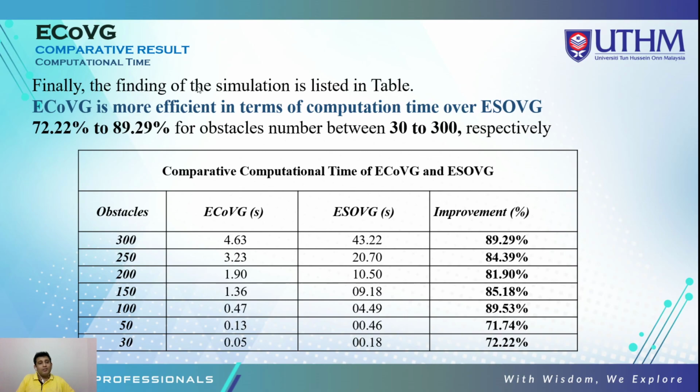That means if you see the comparative result for computational time, EQVG takes 4.63 while ESOBG takes 43.22, because of the shape size. So it is actually 89.29% to 72% more efficient than ESOBG. So EQVG is actually better than ESOBG.